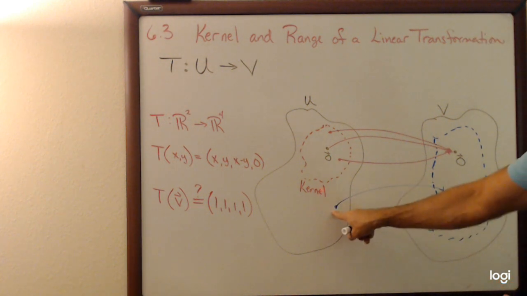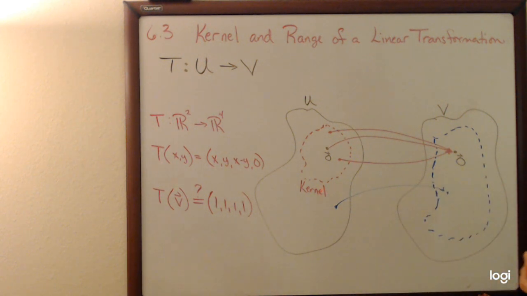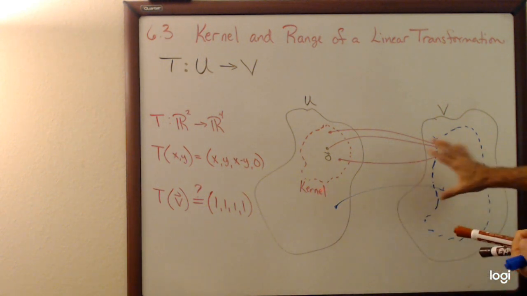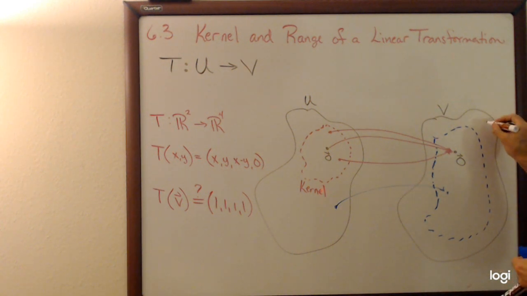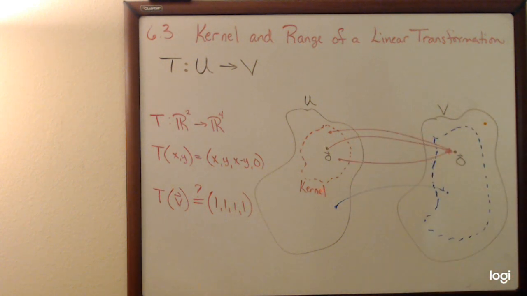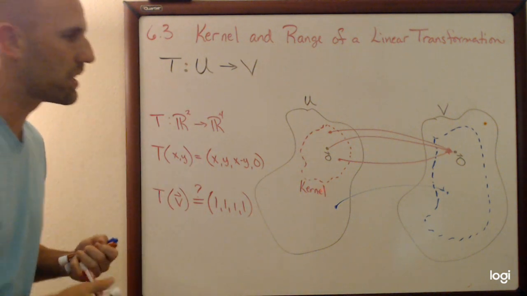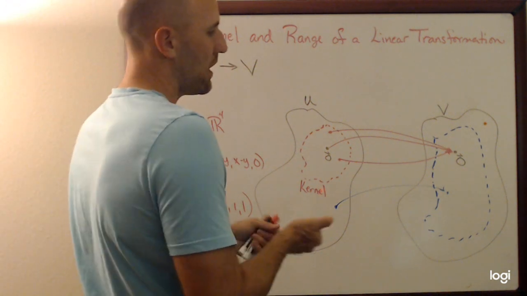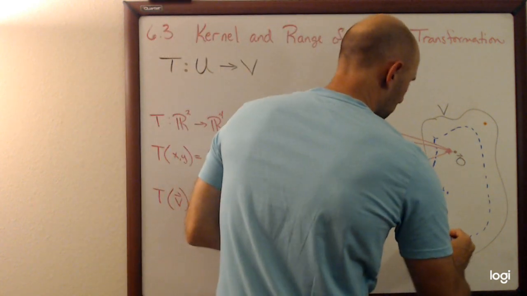So maybe this element goes here, and maybe this element goes in here. But it's also possible that outside of this, I may also have some values that nothing gets mapped to, right? Okay, well, this collection here, this space here where everything gets mapped, this is what's called my range.